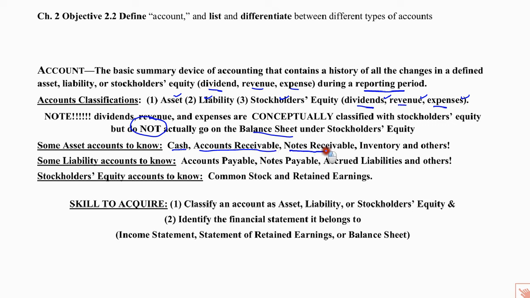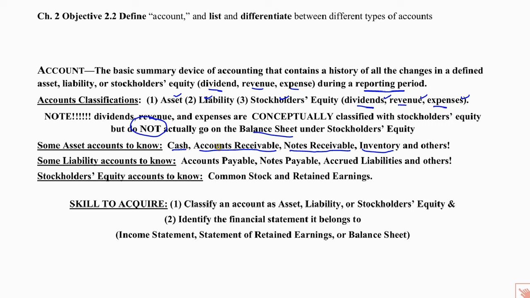Notes receivable, could be customers, but if you're a bank, it is what your customer owes you. But it charges interest. Okay, so notes also accrue interest. Accounts receivable, generally, they don't have any interest. Inventory, we can think of merchandise inventory, which is stuff you're going to sell to your customers. And there's many more, but those are just a few.